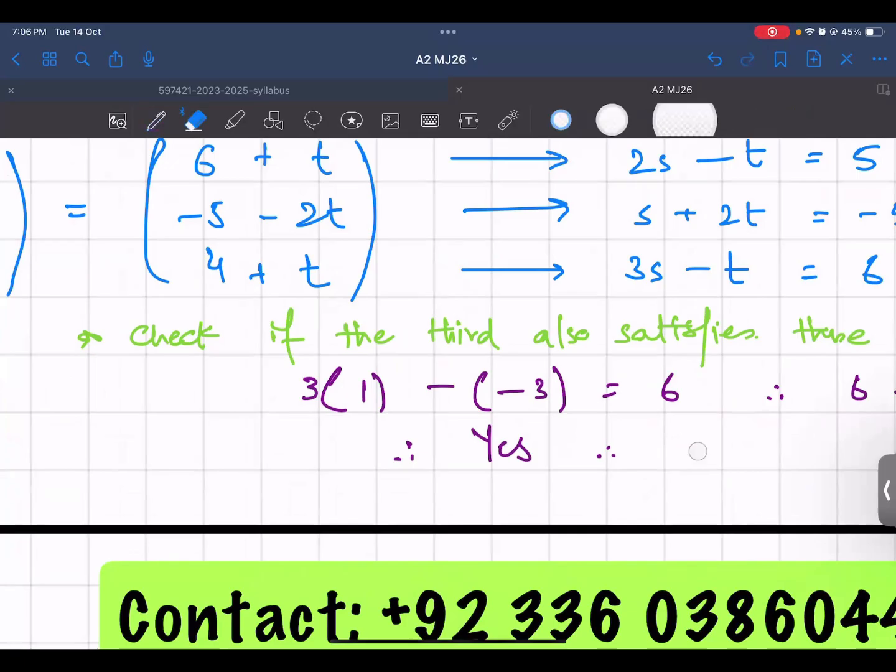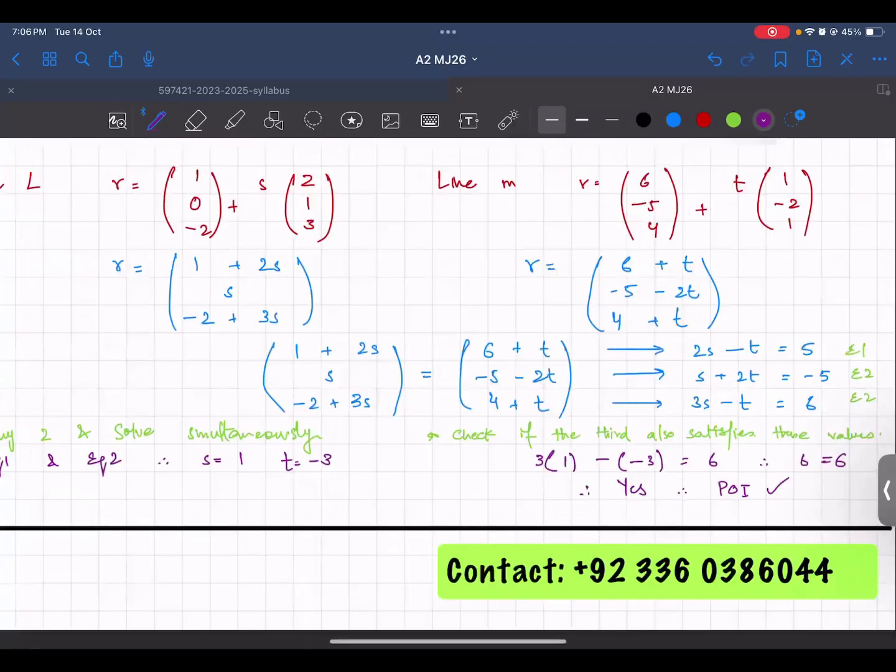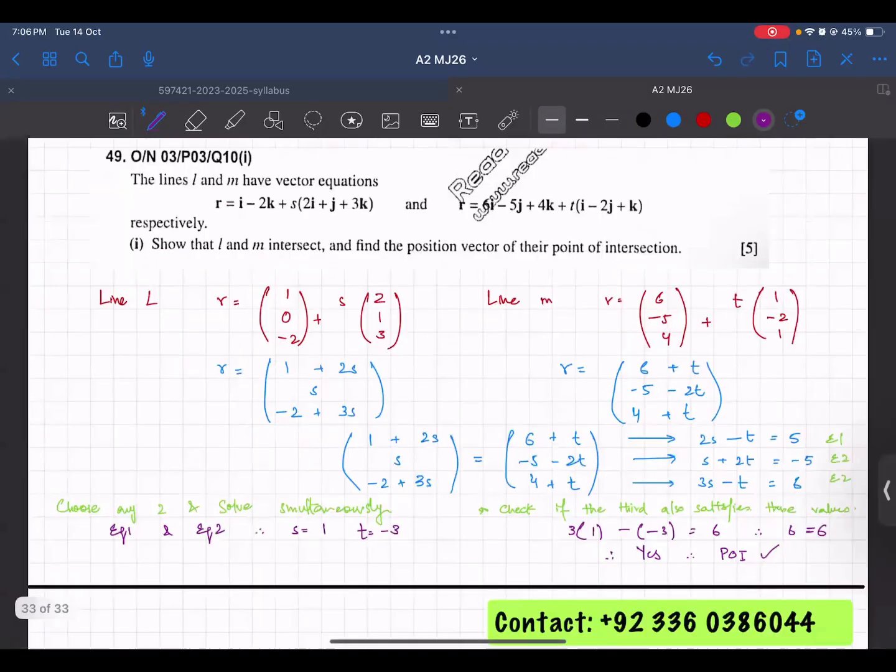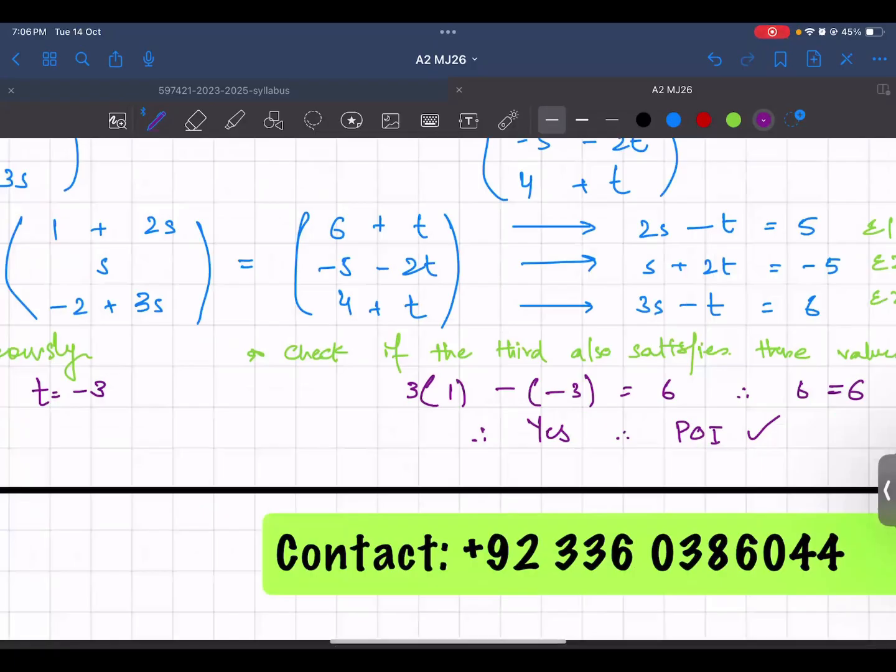There is a point of intersection. You can find it. If the third equation does not satisfy, then this will tell you that the two lines are skew. There is no point of intersection. But if the third equation is also satisfied, then you would have a point of intersection.